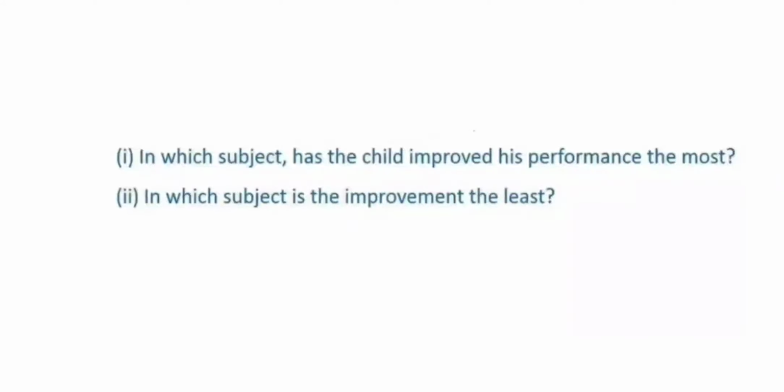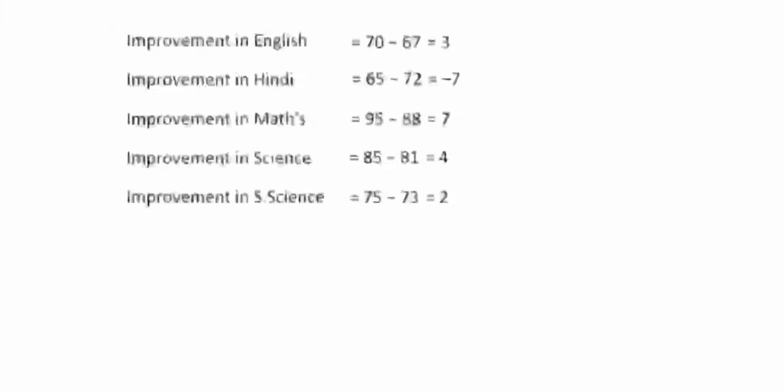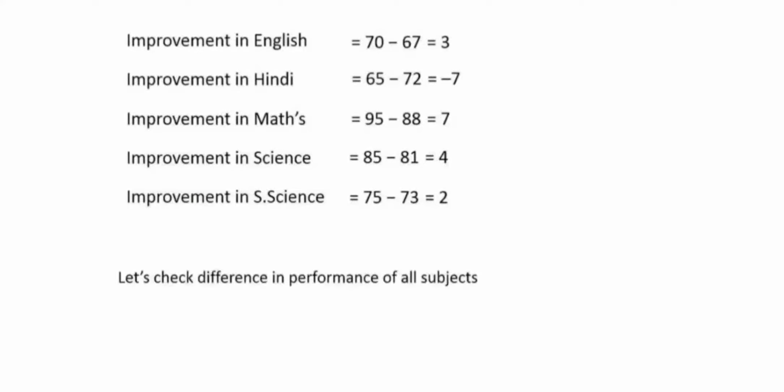First we calculate the difference between the two terms for the different subjects. Improvement in English is 70 minus 67, the difference is 3, Hindi -7, Math 7, Science 4, Social Science 2. So here are the differences. Let's check the difference in performance of all subjects.